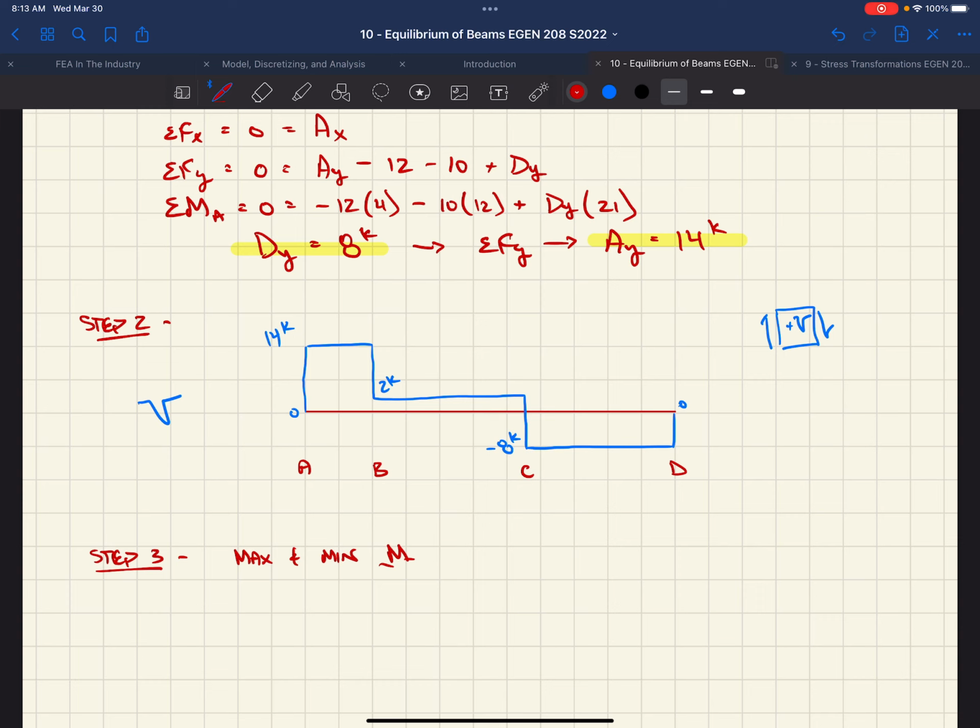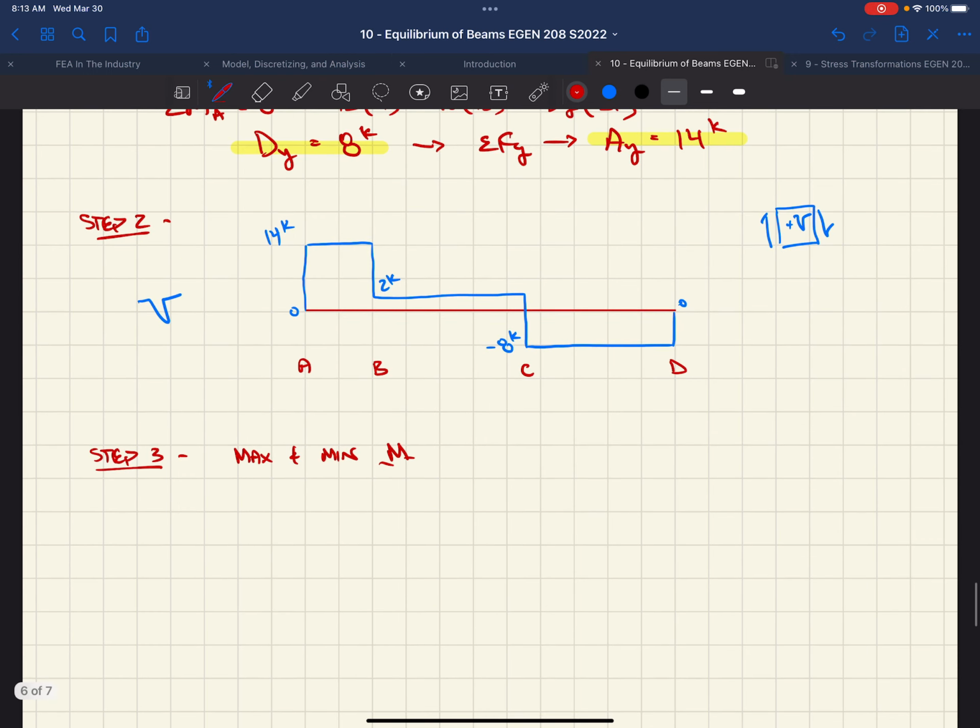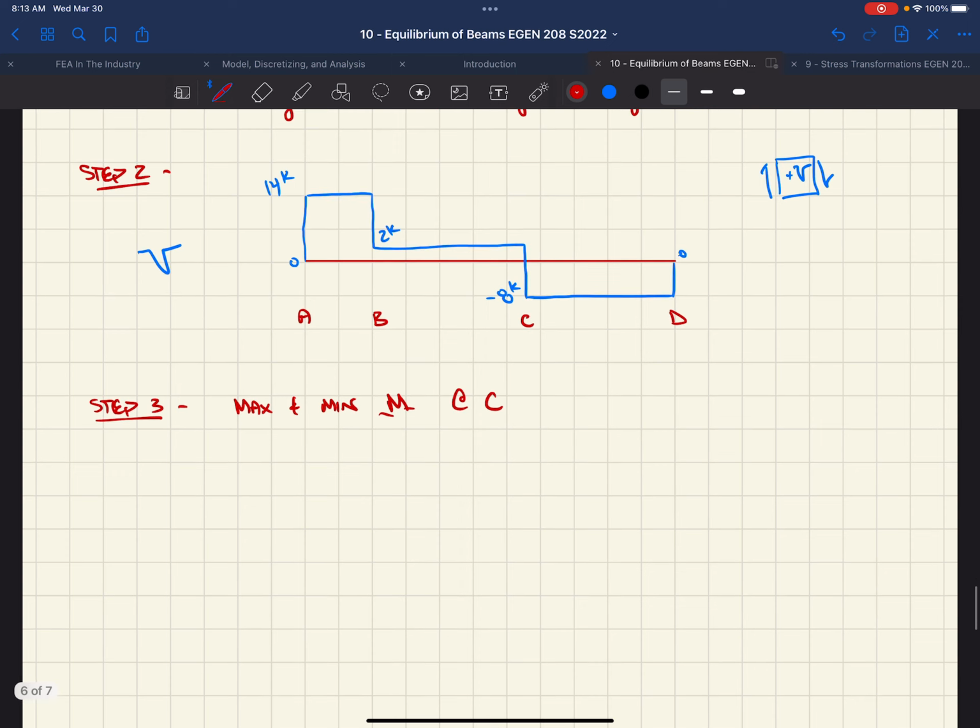And in theory, we should start at 0 and we should end at 0 because we have no reactions. We have pin supports, so there's no moments. So I'm going to say that it's at C. So I have that in the back of my mind that there should be a transition at point C.